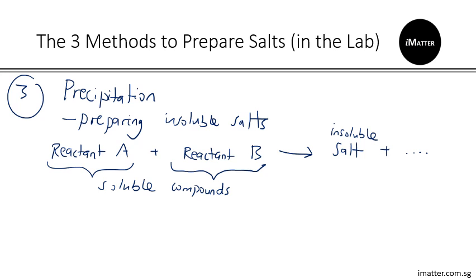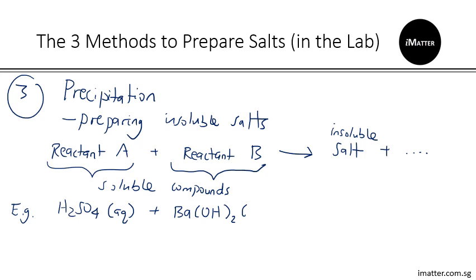Now let's look at one example. So let's start with sulfuric acid, soluble, so I put it as aqueous, and barium hydroxide.